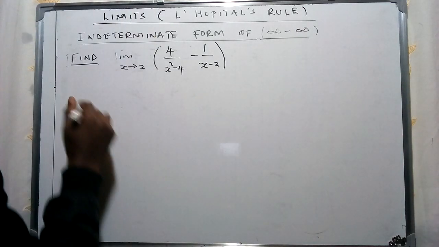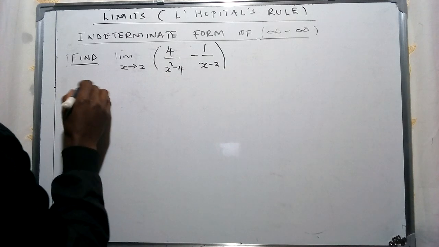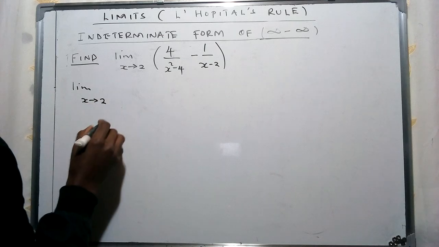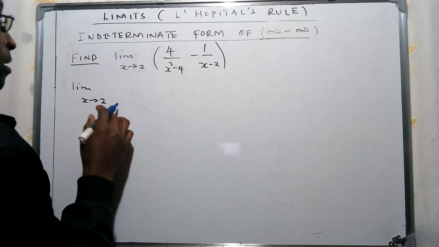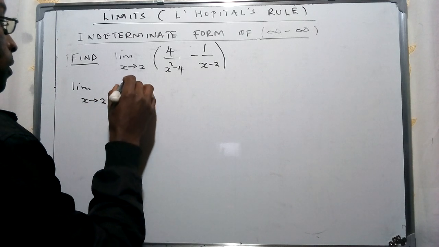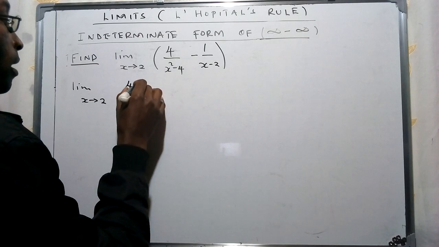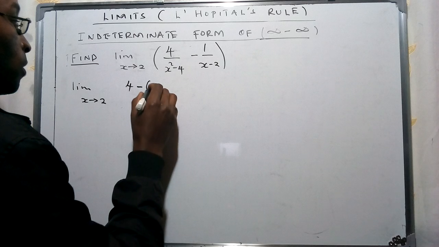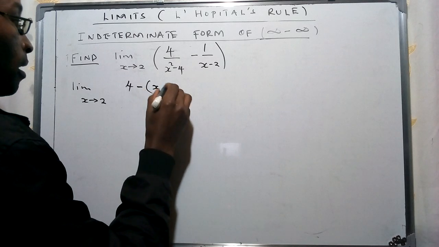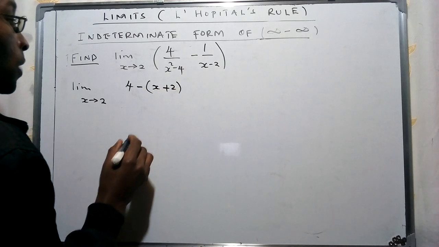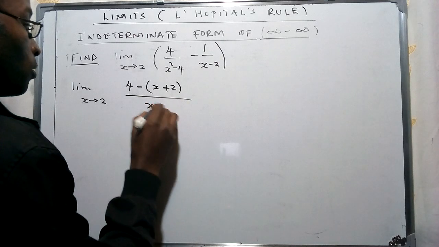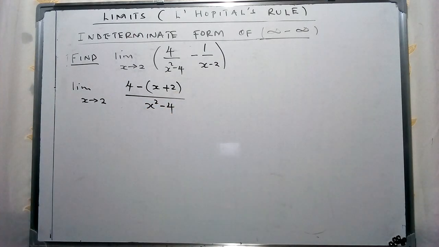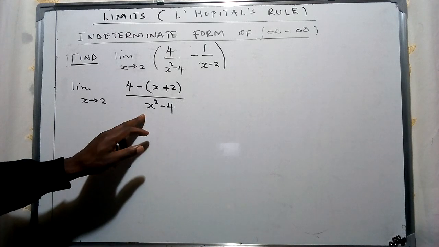In this case, we have a rearranged equation: the limit as x tends to 2 of 4 over x squared minus 4, minus 1 over x minus 2, which I've just summarized as a form of rearrangement.